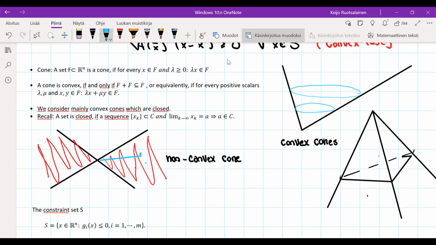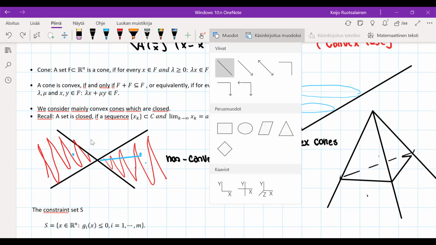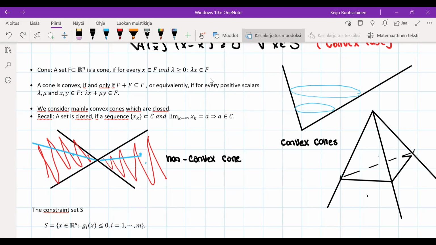And the same on the left, if you take a point here and you multiply it by some constant, then the whole array is contained in this cone.